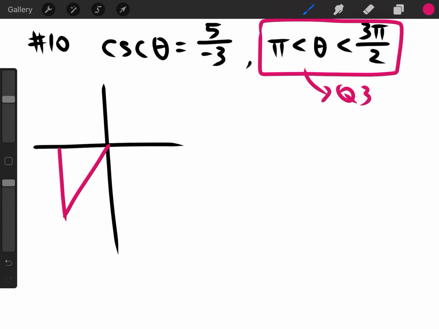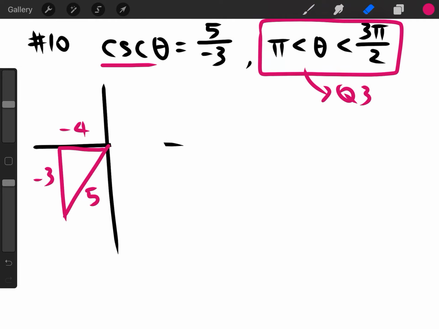So here's the triangle, and it says cosecant is 5 over negative 3, and we know that cosecant is hypotenuse, which is 5, over opposite. This one is kind of easy because one of the triples is 3, 4, 5. So this one has to be a 4, but it has to be a negative 4.